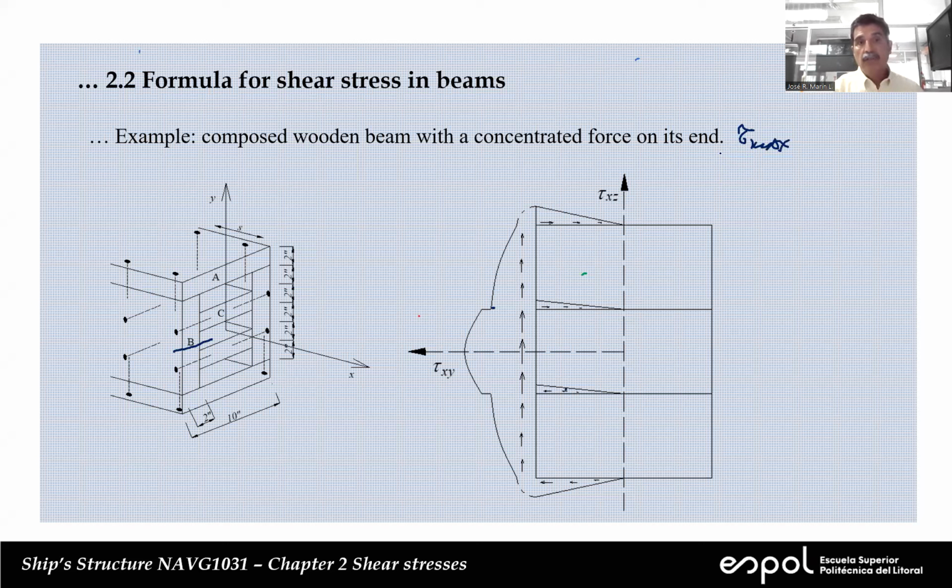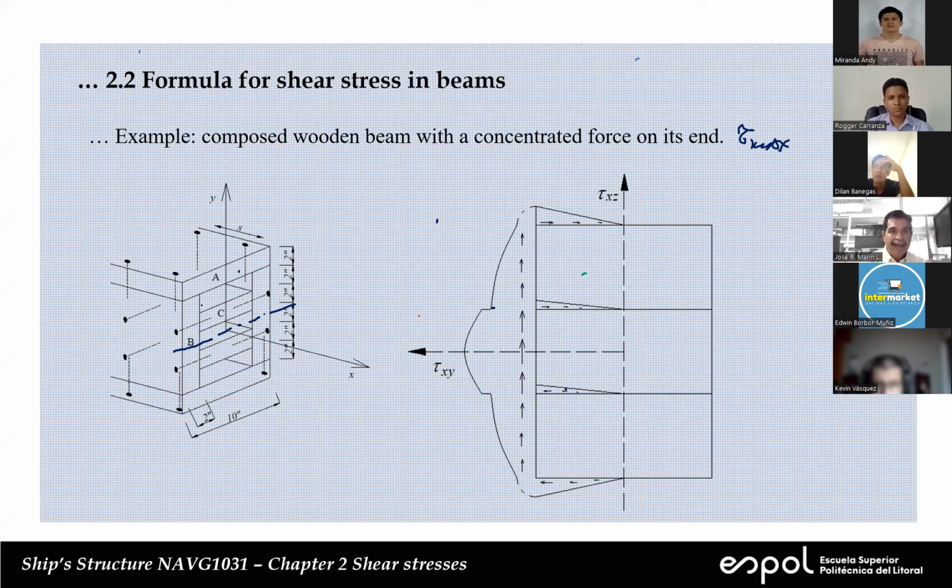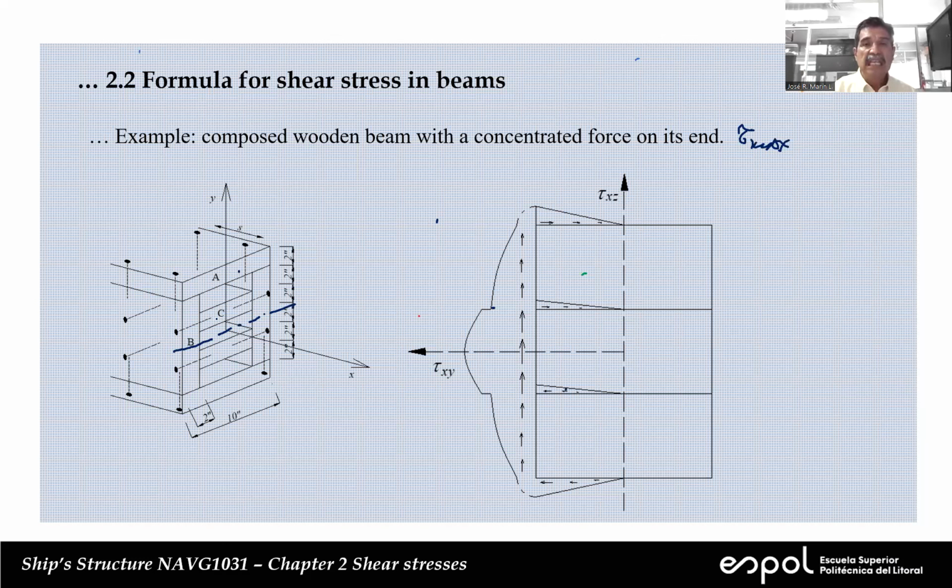To calculate the max, we have to consider the elements which are above the neutral axis. In here, the neutral axis goes up like this. So we have this element A, half of the board B, and the board C.